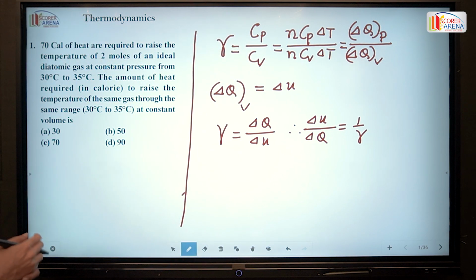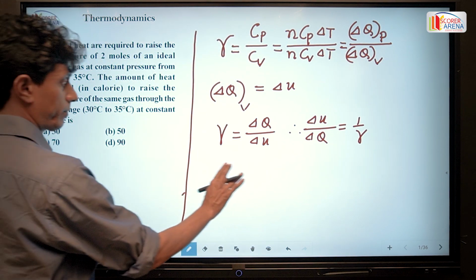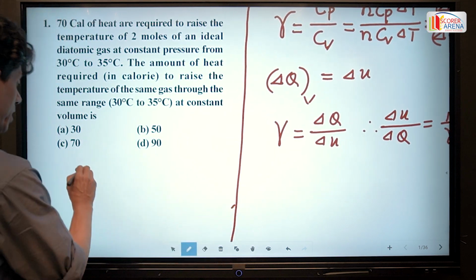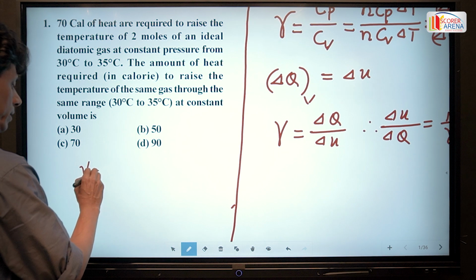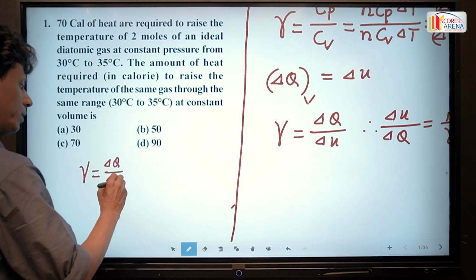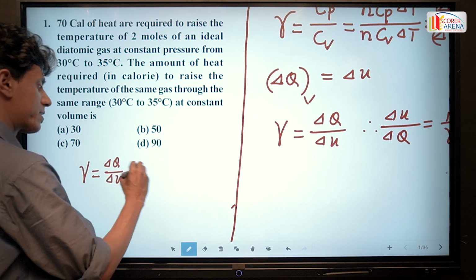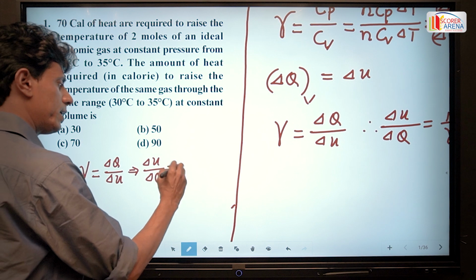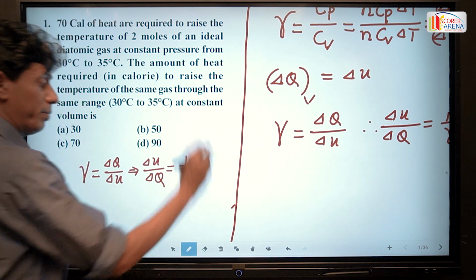So therefore in this problem, gamma is actually del Q by del U, and from this del U by del Q is the reciprocal of gamma.